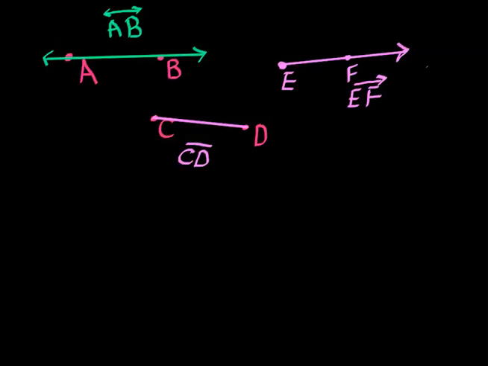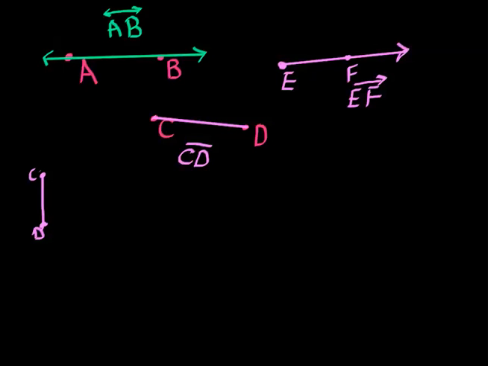Now let's look at some examples of how these are used. If we take a look at our line segments, I want to show you, if I have 3 line segments, here's one, and we'll label it, we had already used C and D, so let's keep with C and D. Here's one segment CD.